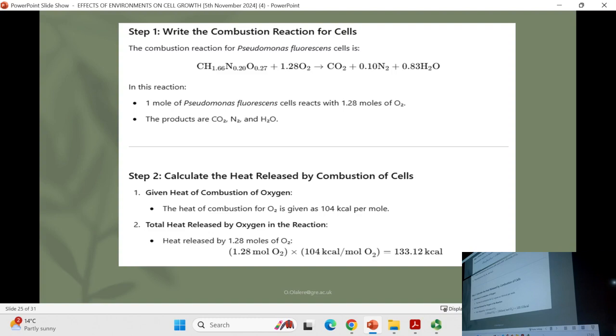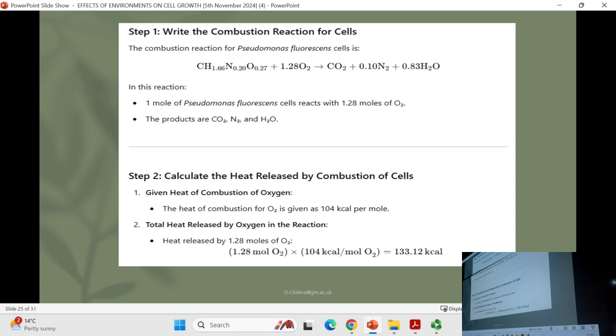Then calculate the heat released by combustion of cells. Now, given the heat of combustion of oxygen, we are given 104 kilocalorie per mole, right? So the total heat released by oxygen in the reaction will be what? It's very simple. We have 1.28, we multiply by 104, so we get 133.12 kilocalorie.